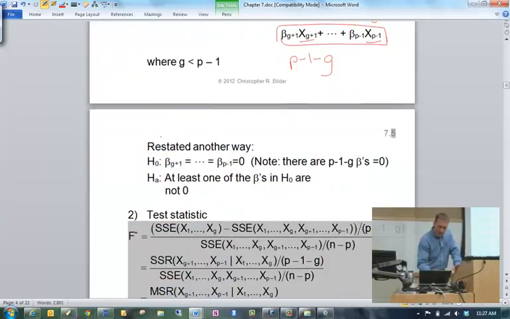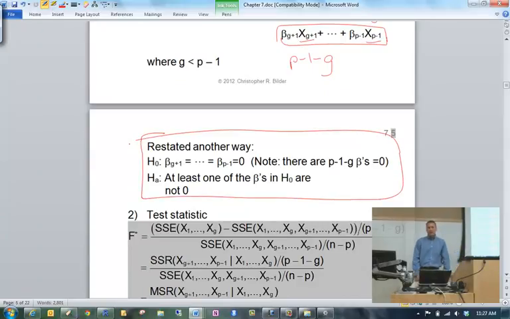So in essence, we could also restate our hypotheses like this. Null hypothesis is beta sub g plus 1 all the way up to beta sub p minus 1 is equal to 0. The alternative hypothesis is at least one of the betas in H0 are not 0. I'm sorry, what? These are not entirely equivalent. Are they what? The two statements are not entirely equivalent.